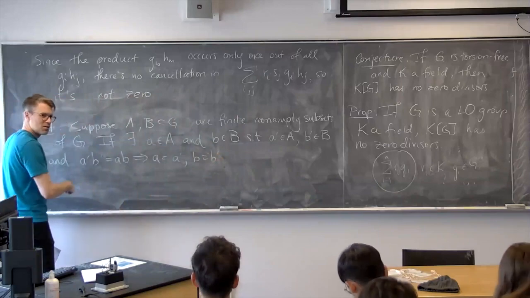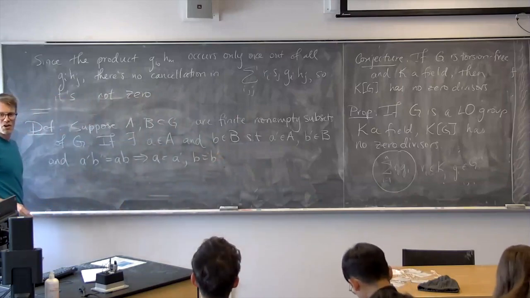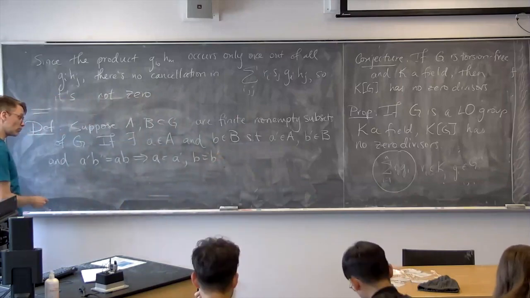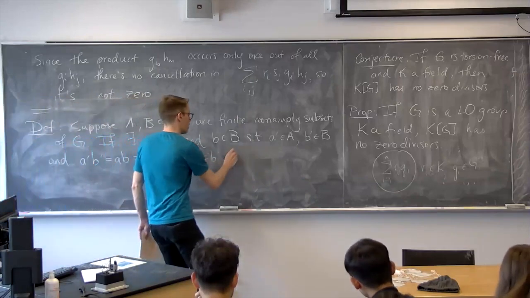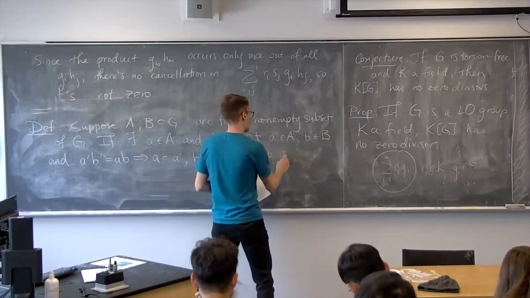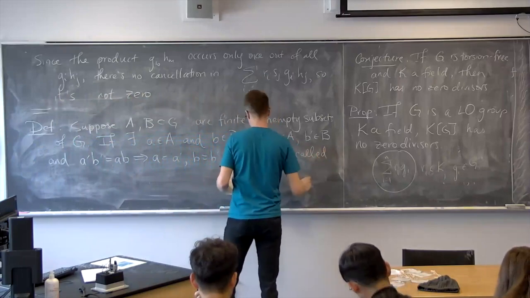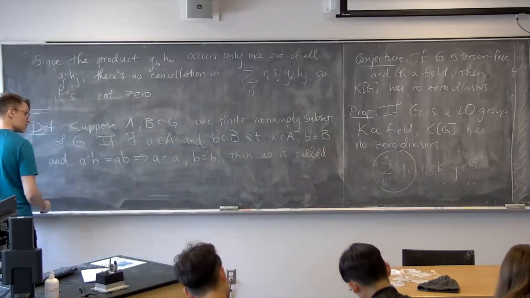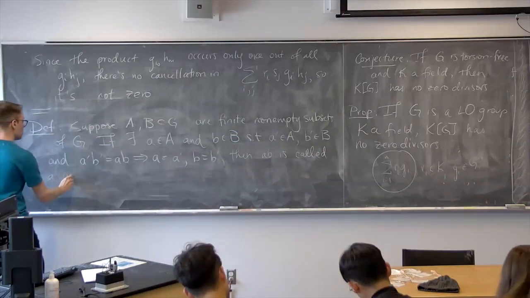This is a fancy way of saying there's only one way to get that product from the two finite sets. So then ab is called a unique product for the pair of finite sets. It's called a unique product.